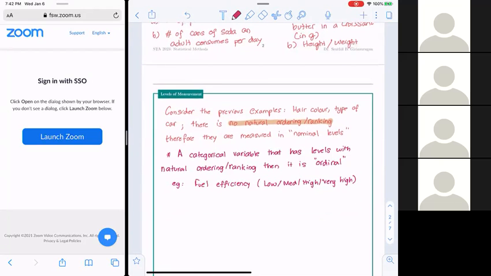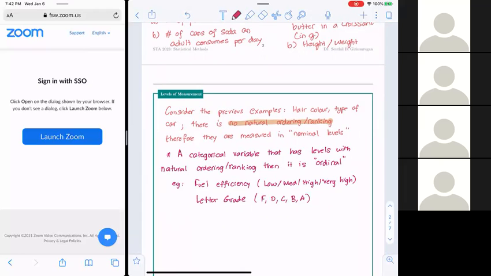Similarly, we can consider the example of a letter grade. A letter grade, we have F, D, C, B, and A. Even though those are categorical levels, those levels have a natural ordering.